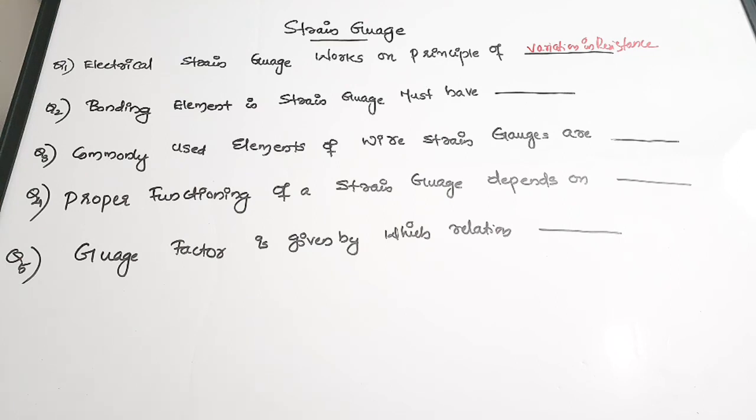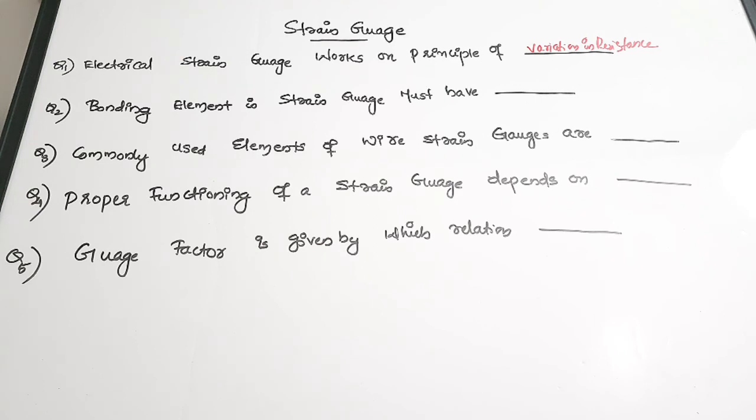Okay. Second question. Bonding element in strain gauge must have dash. The options are A, zero insulation resistance, B, low insulation resistance, C, high insulation resistance, D, infinite insulation resistance.